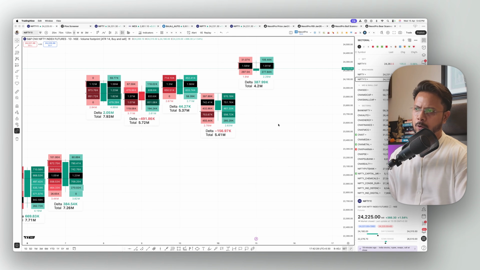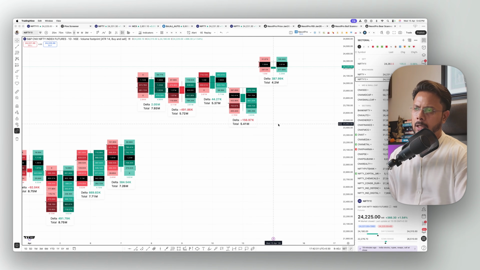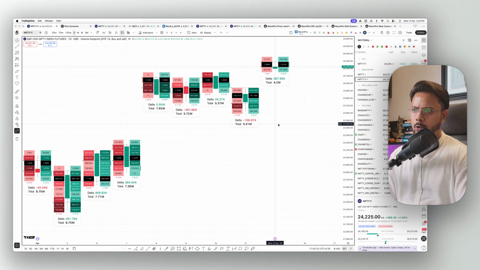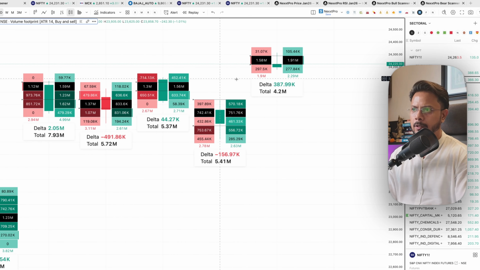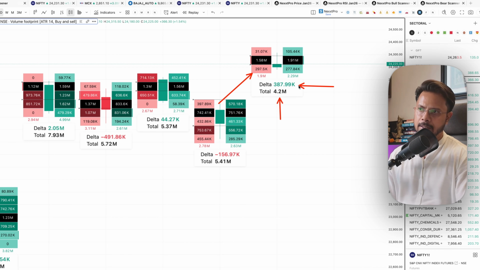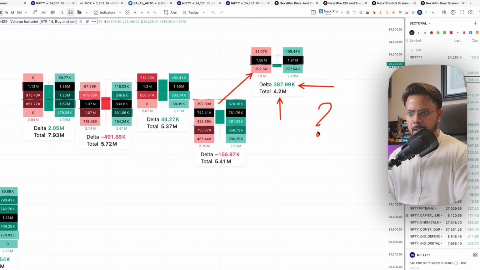But does this information really help me to create a better trading decision? If the market today went up by a certain point and the volumes were 4.2 million shares and the delta was 387.9, almost 388, does it really add a lot of value to my analysis or not?